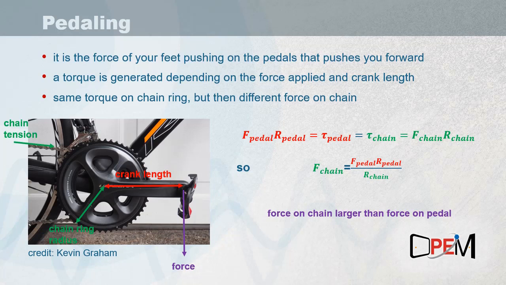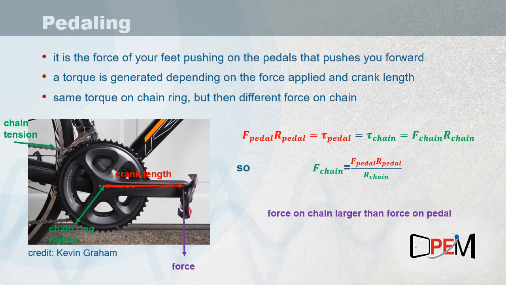That's given by the distance from the axle in the bottom bracket that the cranks and chain ring are attached to, to the location of the axle for the pedal. So the force of your foot downwards on the pedal times the distance from the middle of the chain ring to the pedal axle is the torque that your foot is inducing on the chain ring and crank assembly.